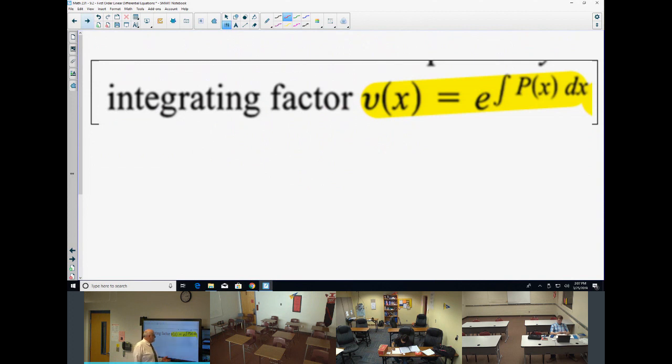And v of x is e raised to the power of the integral of p of x dx. So we're going to need that v of x. All right, now let me show you how we're going to use that in the steps to solve these.